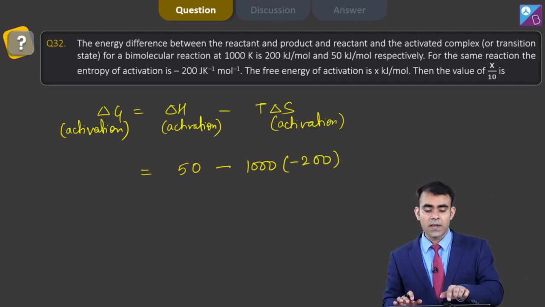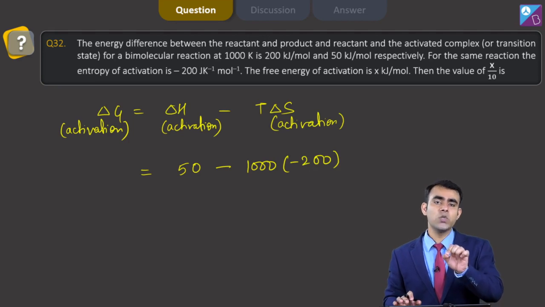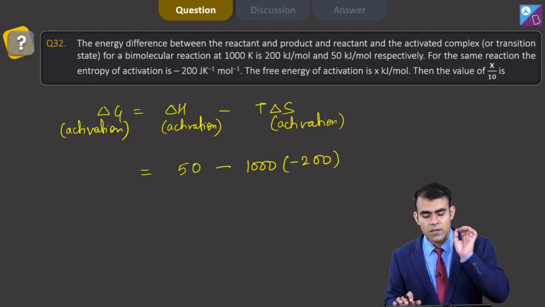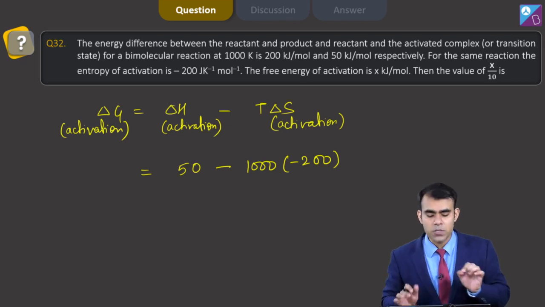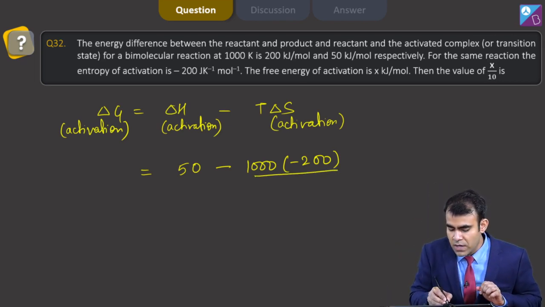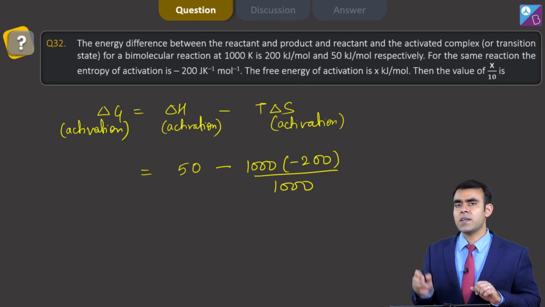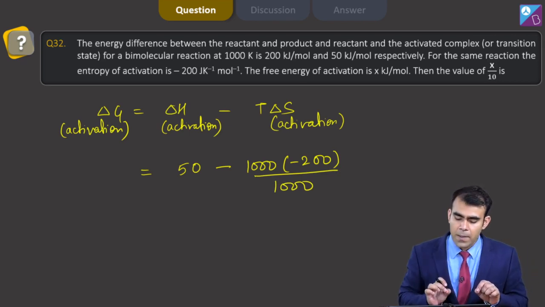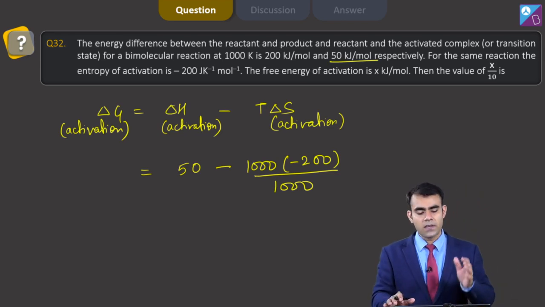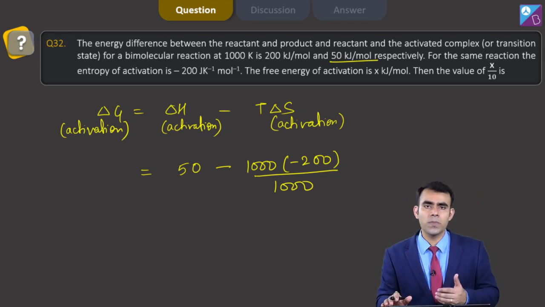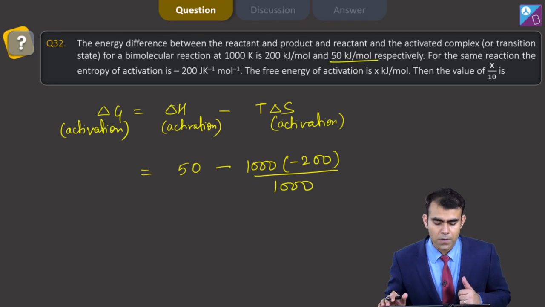But the value is in joule per Kelvin, and here I want it in kilojoules, so that's why I have to divide this by 1000, because this enthalpy of activation is given in kilojoule per mole. Similarly, T delta S should also be in kilojoule per mole.